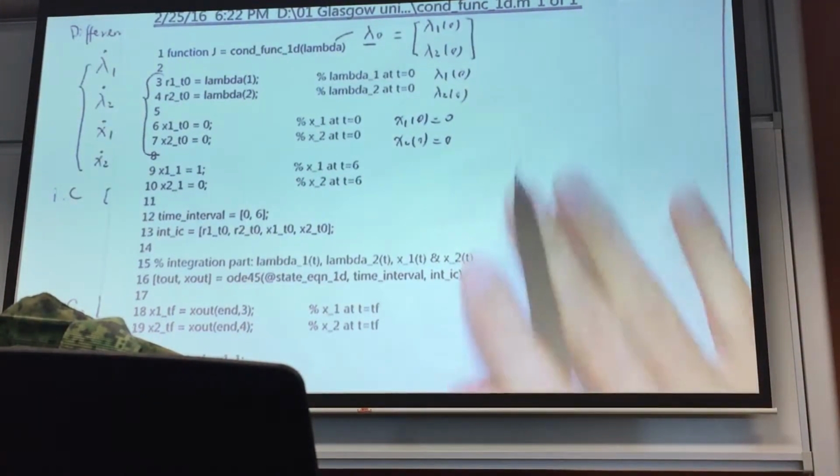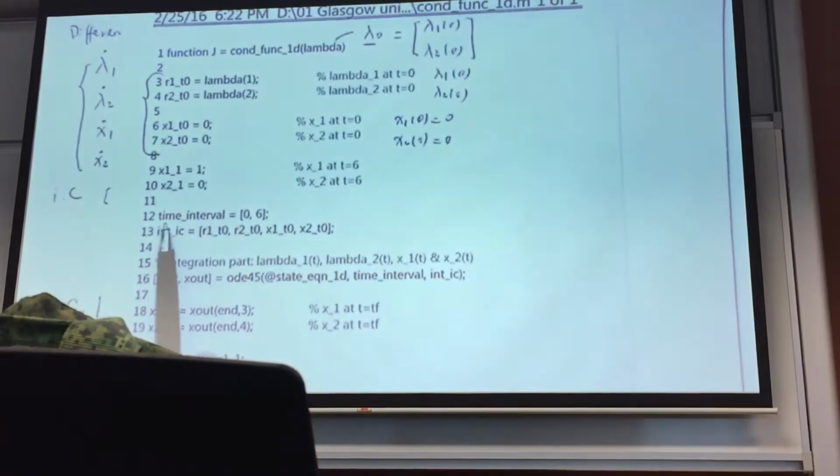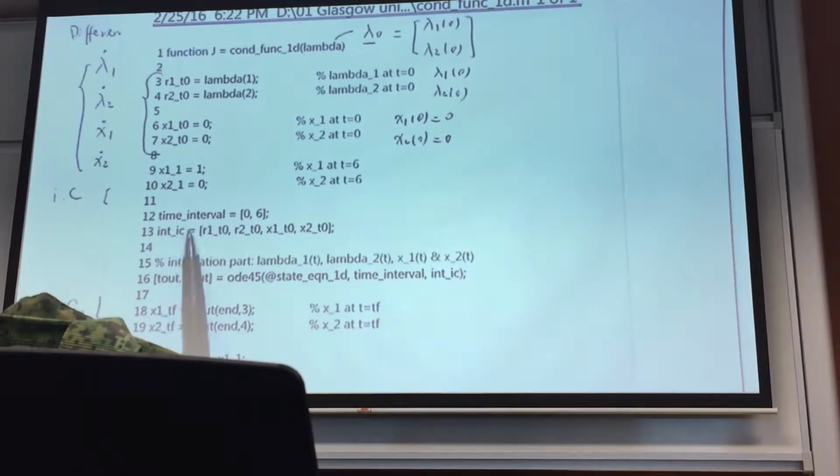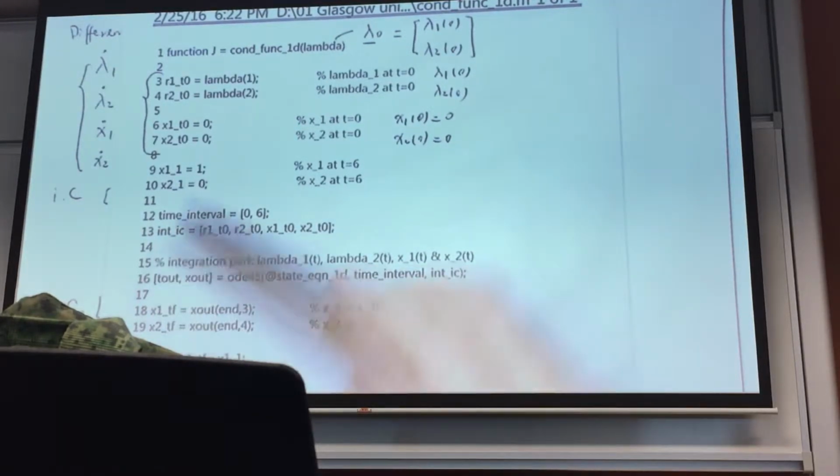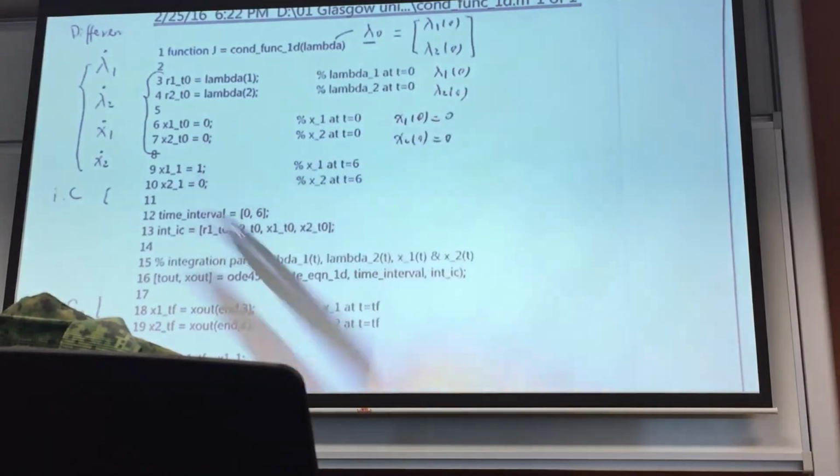So we use these four quantities to solve the differential equation. To solve it, I define the time interval. We know the control happens between t equal to 0 to t equal to 6. So here I define the initial condition that I defined here.